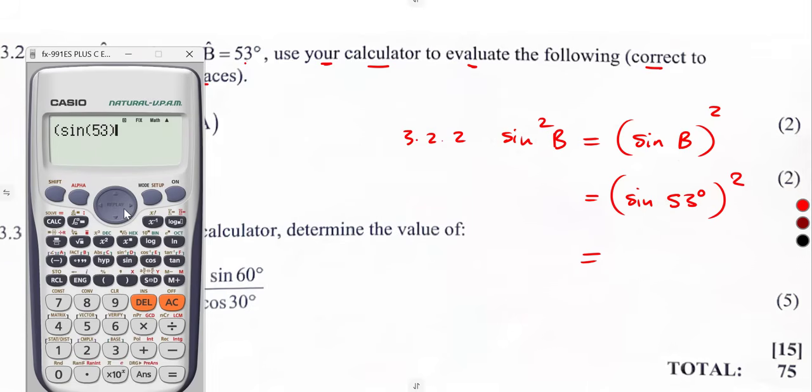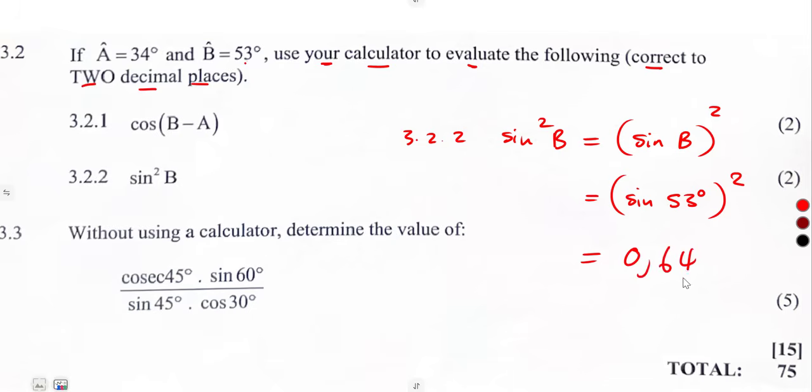Close this bracket here for 53, then you must close the first one that you opened. Remember, you opened this bracket, so you must close it and raise it to the exponent of 2. That is going to give us 0.64. Already our answer is fixed to 2 decimal places, 0.64.